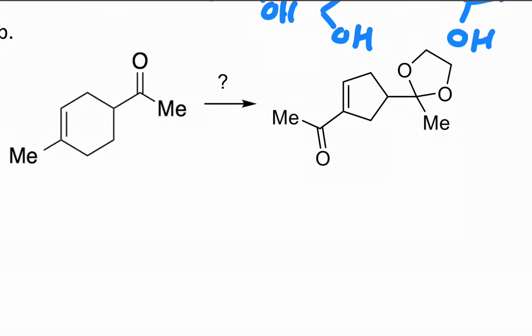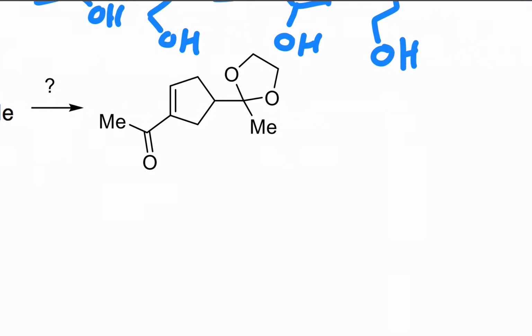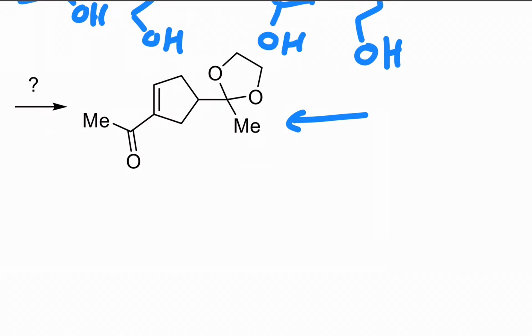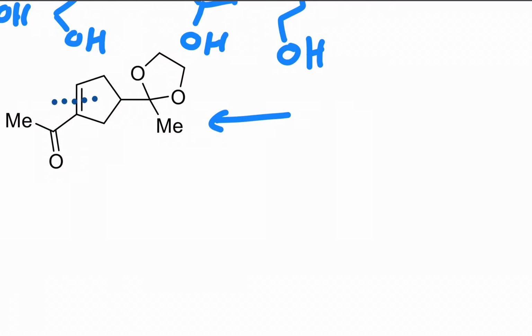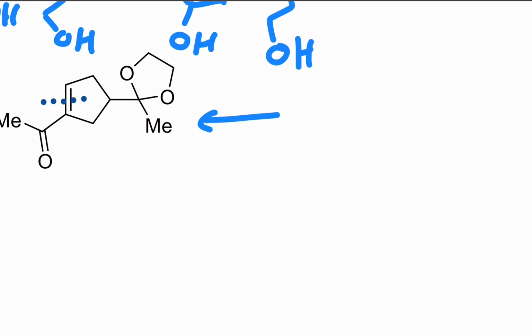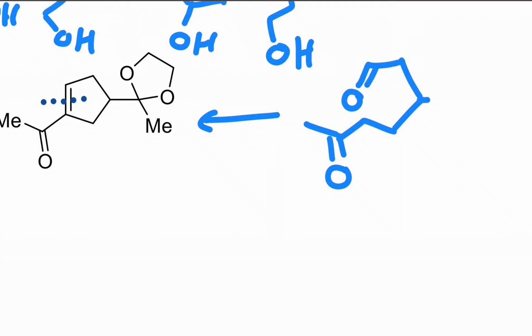Okay, let's take a look. So going backwards, I'm going to draw what this product used to be prior to an aldol. If I do that, that alpha-beta carbon bond was formed from that aldehyde and that ketone.